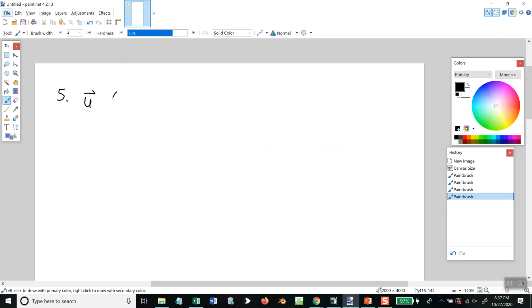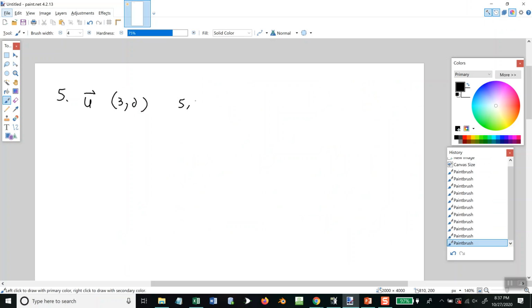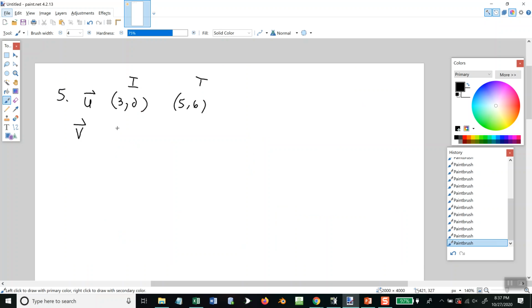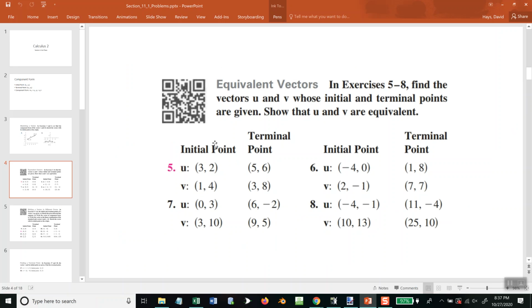And we're going from 3, 2 to 5, 6. Initial, terminal. And our other one, our vector v, is 1, 4 and 3, 8.